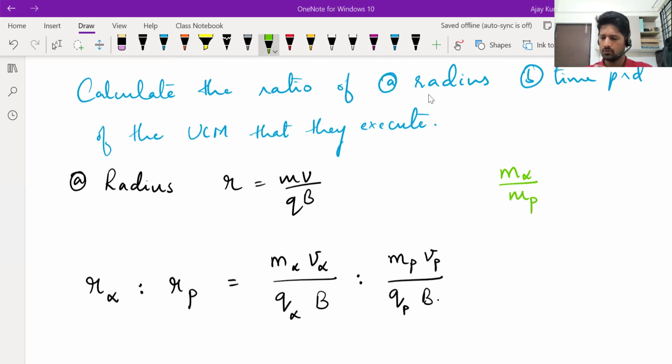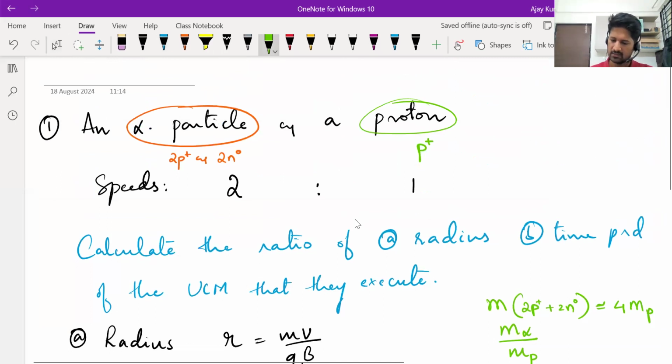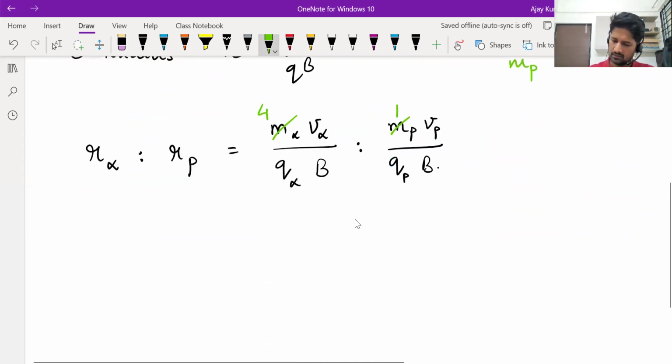So the mass of two protons and two neutrons is approximately 4 times the mass of a proton, because two neutrons have almost the same mass as two protons. So totally it's like 4 protons. And the denominator is a proton. So the mass of alpha particle to the mass of proton will be 4:1. And in the question, it is given to you that their speeds are in the ratio 2:1. You have to make use of that.